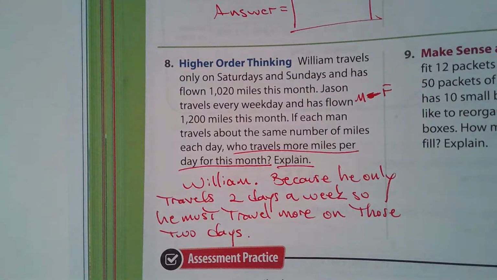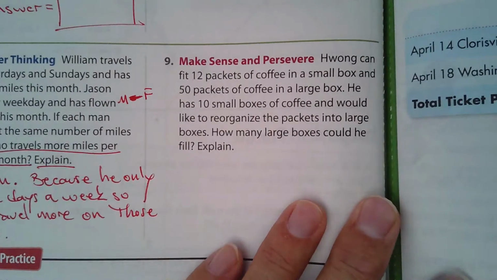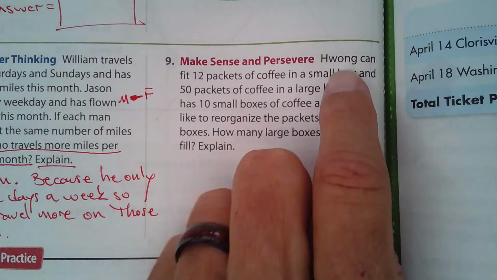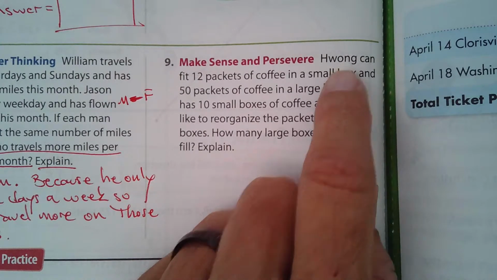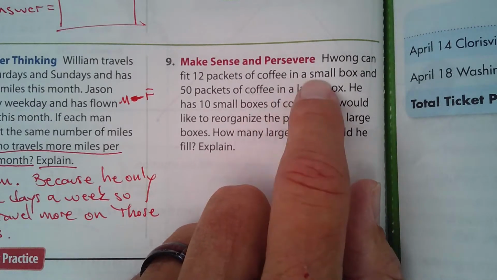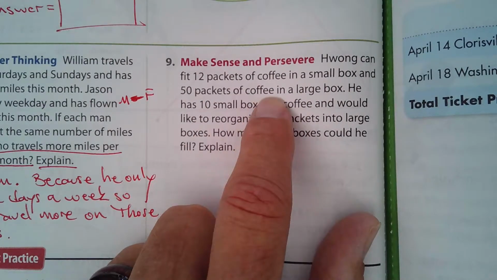Let's look at number 9. Make sense and persevere. I guess that's Wong. I think the H is silent. Wong can fit 12 packets of coffee in a small box and 50 packets of coffee in a large box.